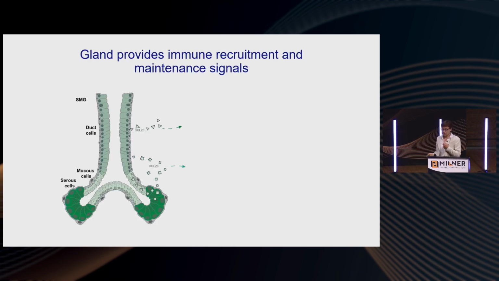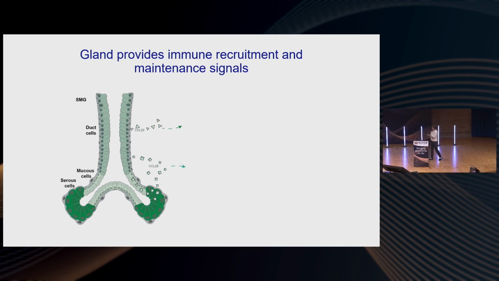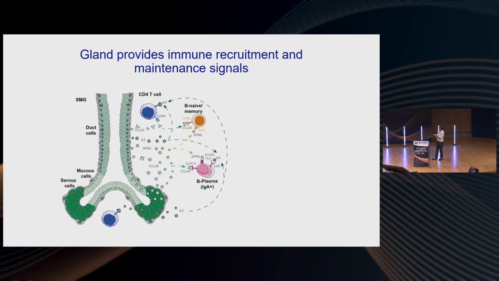So I've told you that we have the gland cell types that produce CCL28 and other molecules. They, in turn, recruit IgA plasma cells via CCR10. There are other molecules such as IL-6 and APRIL, which are produced by the gland that again interact with plasma cells and their receptors to increase the longevity of these cells and also increase the Ig production.